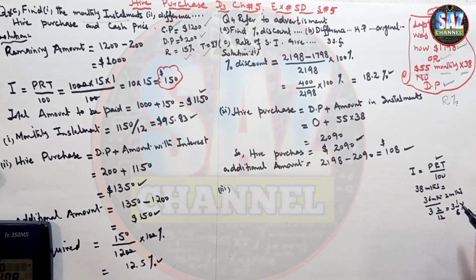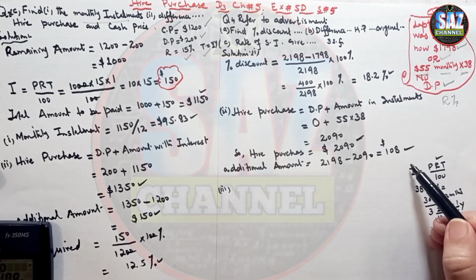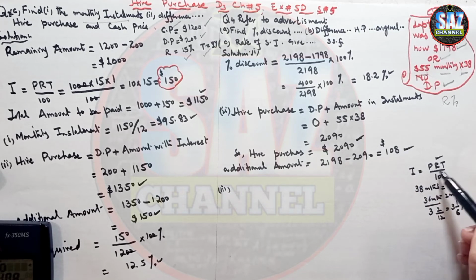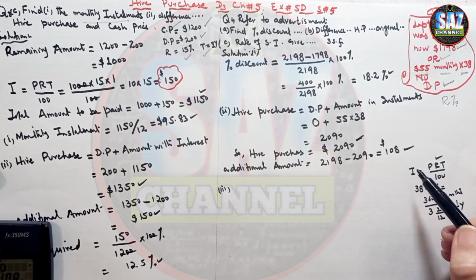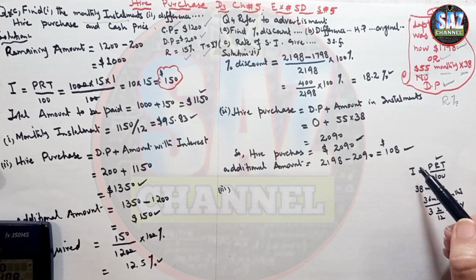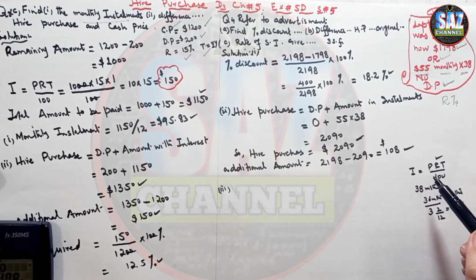Now the principal we are using is 1798, and we cannot have two unknowns, since the requirement of the question is the rate, so I must have the answer for I as well. Now how to calculate I?